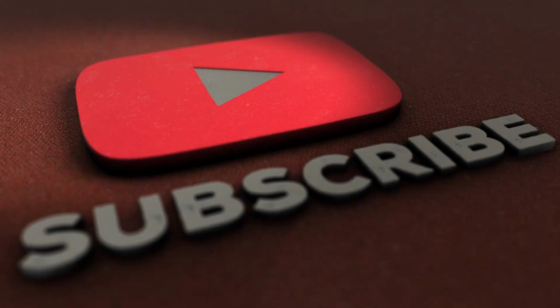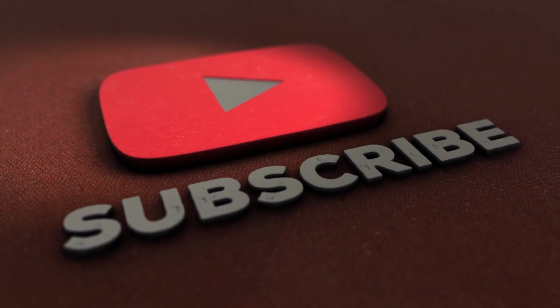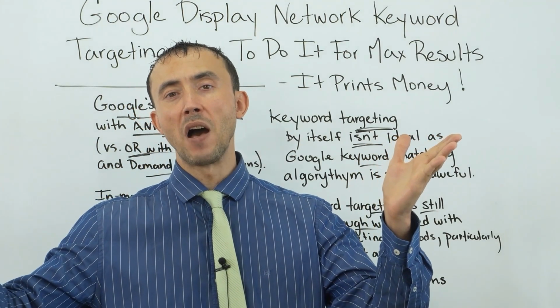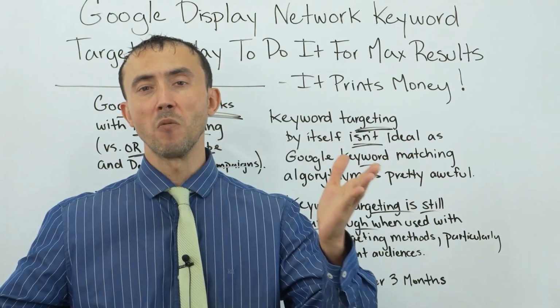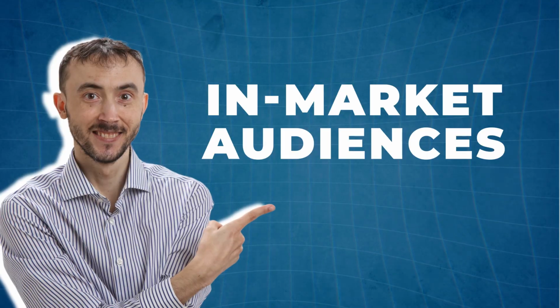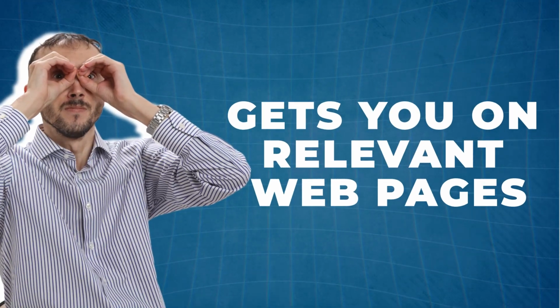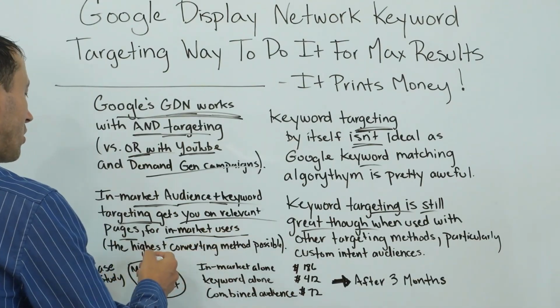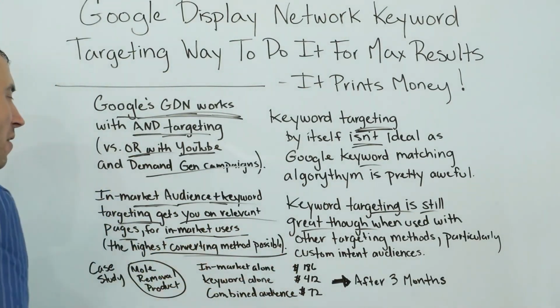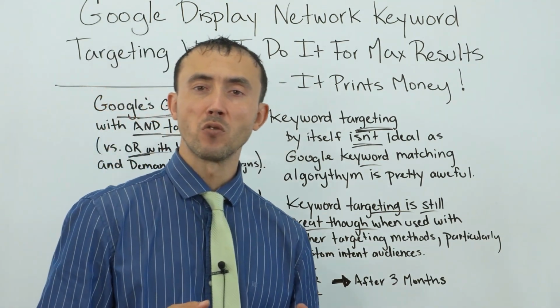It'd be nice on YouTube if you could say, hey, they're in market, they searched for my keywords on Google before, and they're on a video about this particular topic because it would convert well. They don't let you do it. So with that said, in-market audiences with keyword targeting via the Google Display Network gets you on relevant web pages for in-market users that converts higher than pretty much everything else you're going to do because it weeds out all the bot traffic extremely well.